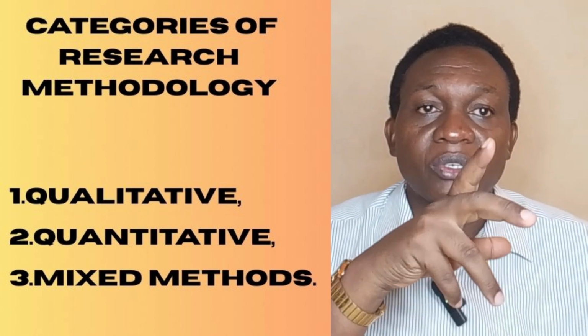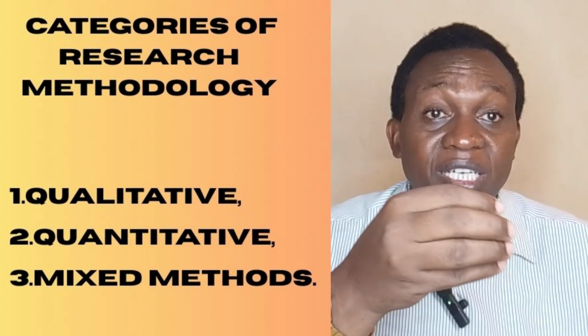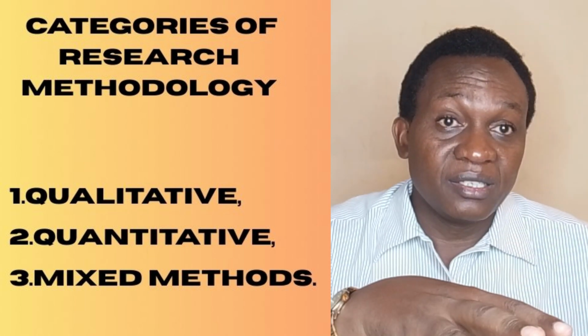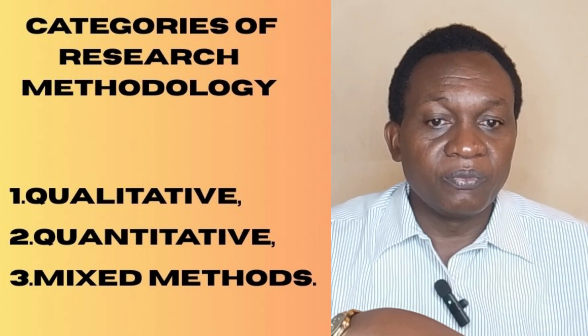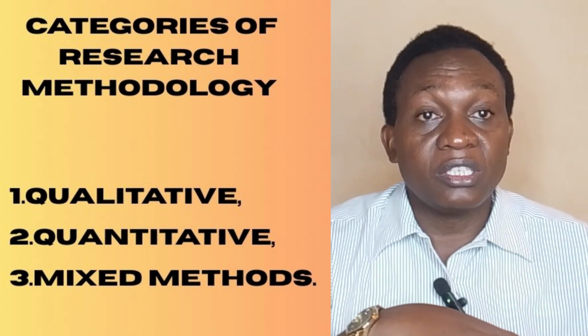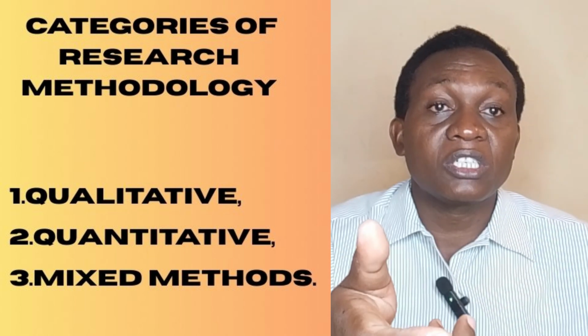So which method are you going to use? Thematic analysis, content analysis, and others. And if you want to know more about that, I have explained in one of my videos about these qualitative and quantitative methods. I explain more about the types of qualitative method that you can use in your research. So you can check out that video. It can assist you to understand how to analyze qualitative data.